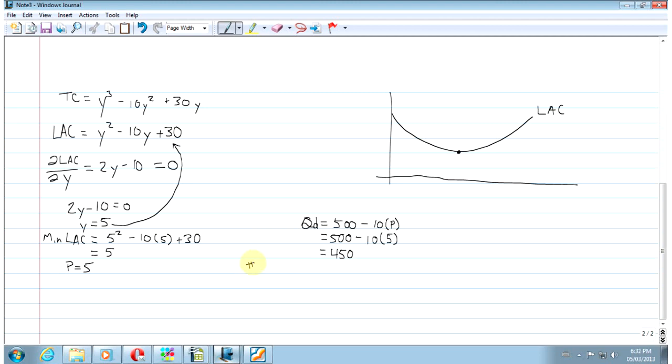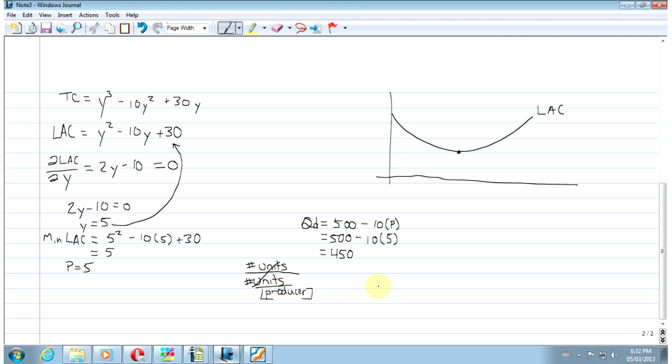So number of units divided by units per producer. Just a little unit analysis, right? These units are going to cancel out and I'll get number of producers.